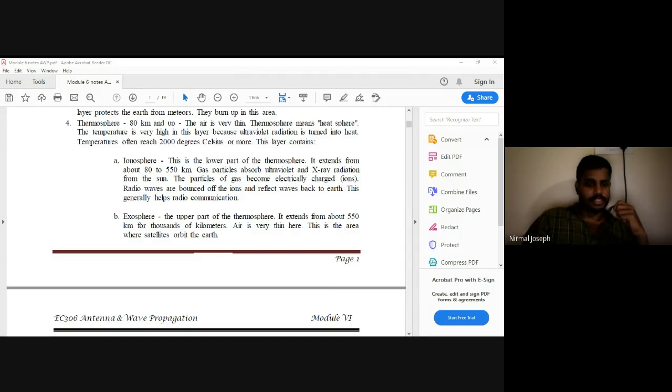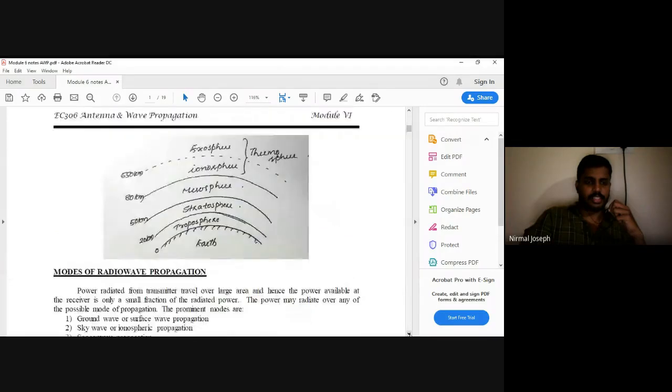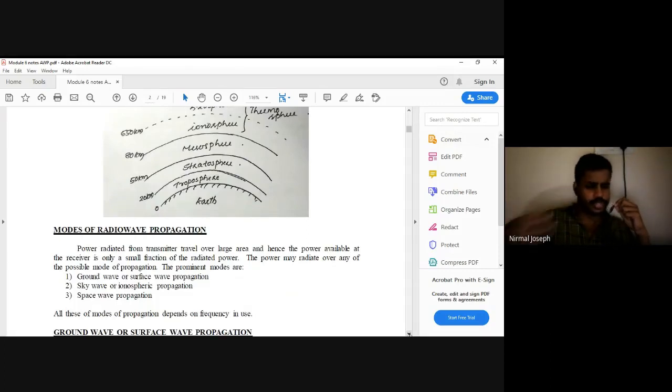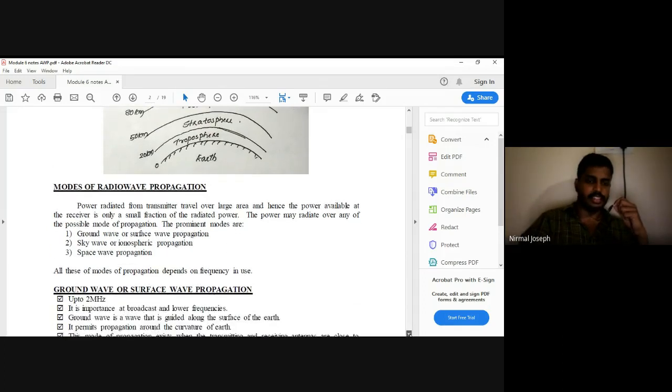Above 550 kilometers only, we are placing our satellites. In this region, satellites orbit the Earth, and the air density is very less. So, that's all about the general structure of our atmosphere. These are just basic things we need to refresh. There is nothing much to study in that, for an engineering student.